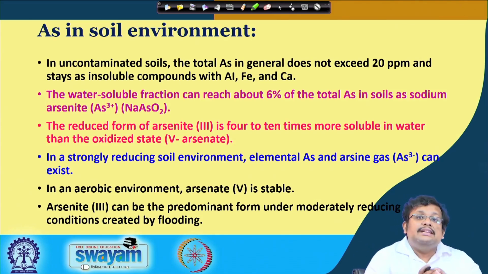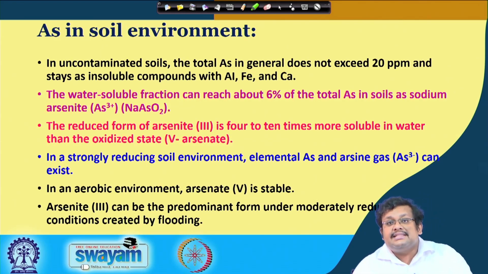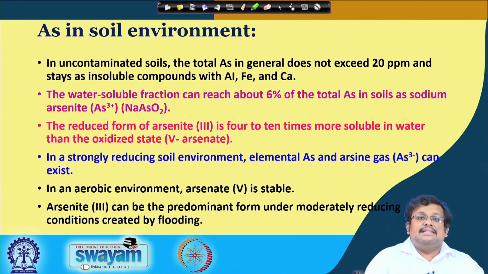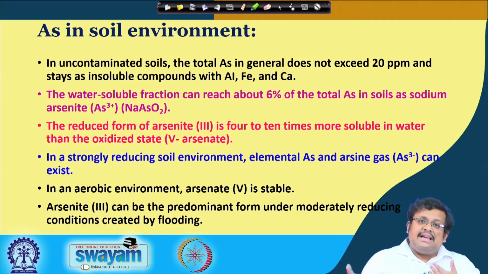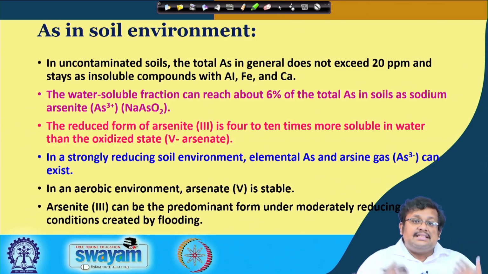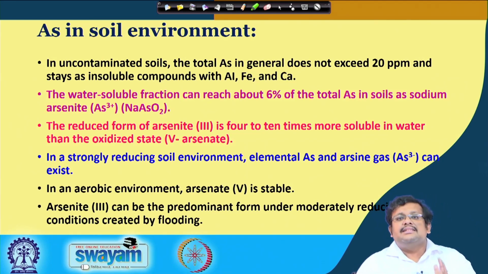In a strongly reducing soil environment, elemental arsenic and arsine gas can exist. Arsine gas is a gas of arsenic. In an aerobic environment arsenate is stable, and arsenite can be the predominant form under moderately reducing conditions created by flooding. And again, arsenite is more toxic than arsenate.